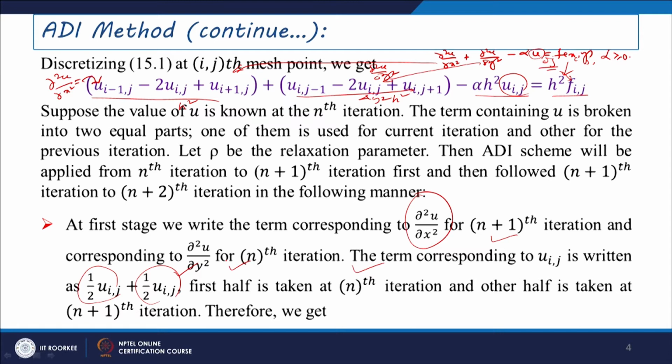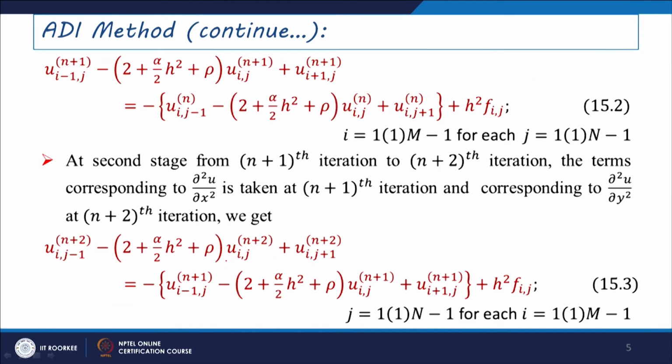If you subdivide it in this form, we obtain the complete equation, where rho is multiplied. So, u i minus 1 j at n plus 1, since the del square u by del x square term we consider at the n plus 1th step, and del square u by del y square we consider at the nth step.